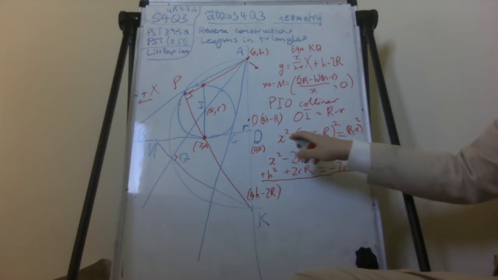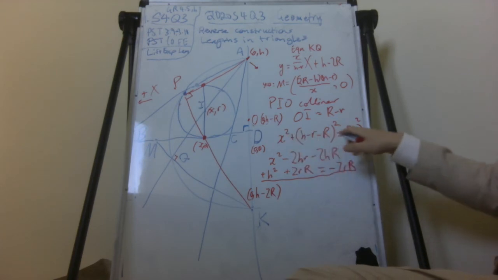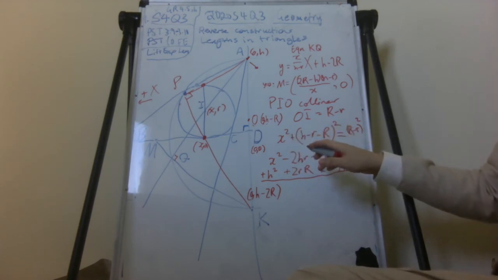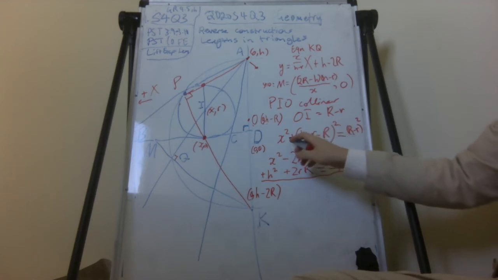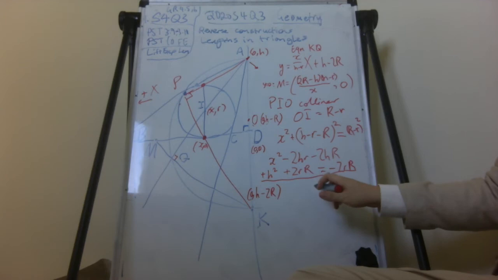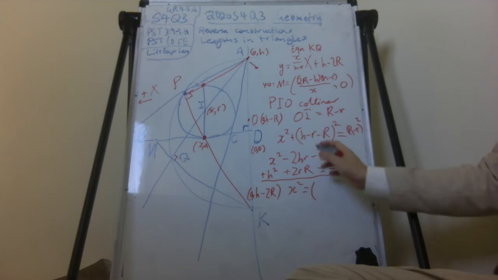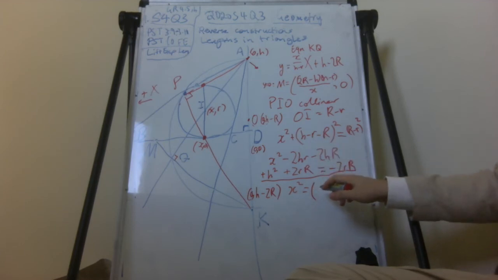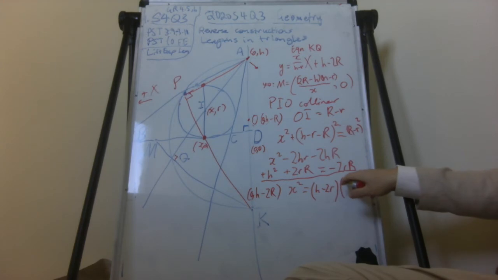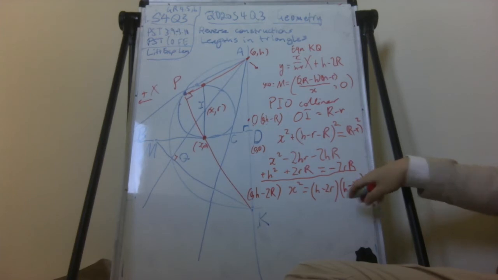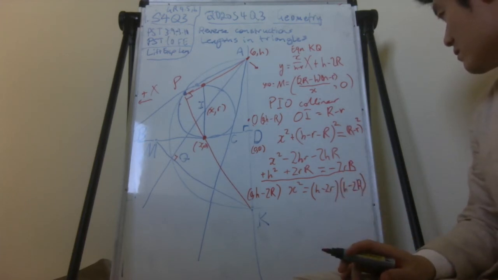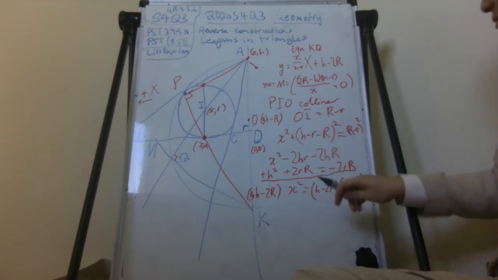I think a nicer way to do this, and for some reason it's always been the case that when you do a difference of two squares, it gets a nicer answer and quicker. So if you do x squared equals the difference of two squares, you get x squared equals h minus 2r. H minus 2 big R, or is it 2 big R minus H?